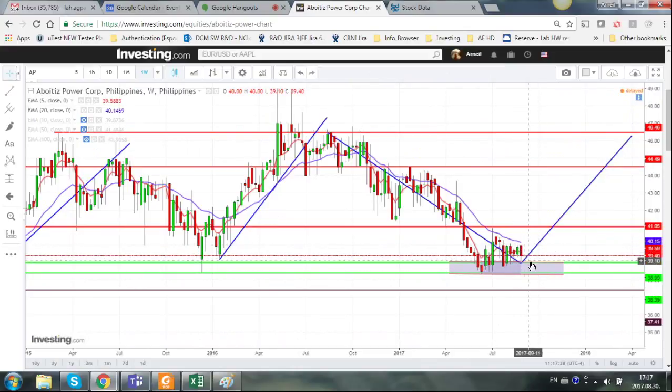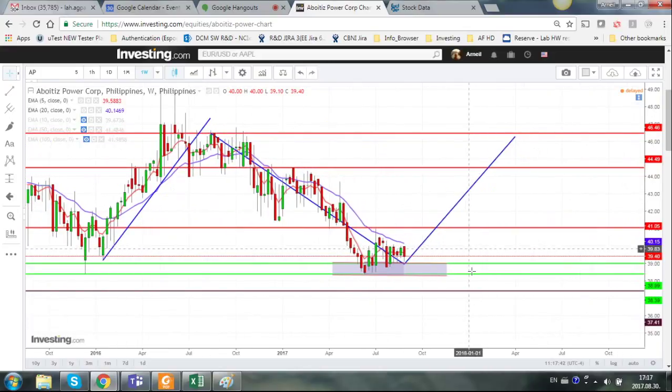So, if the price goes to that buying range, buy the stock. Ngayon, at this current price 39, you can buy, but this is not the optimized price to buy. The optimized price is here in the buying range. Optimize the price, you are maximizing your profit.